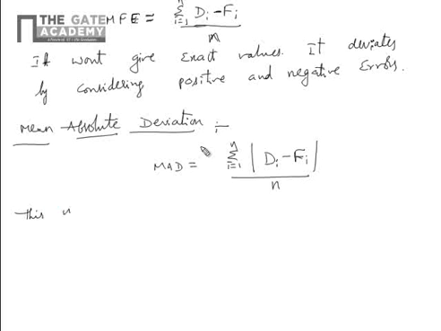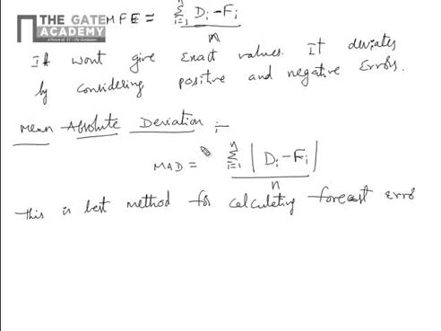This is the best method for calculating forecast error. It takes the absolute values of the error in each observation.